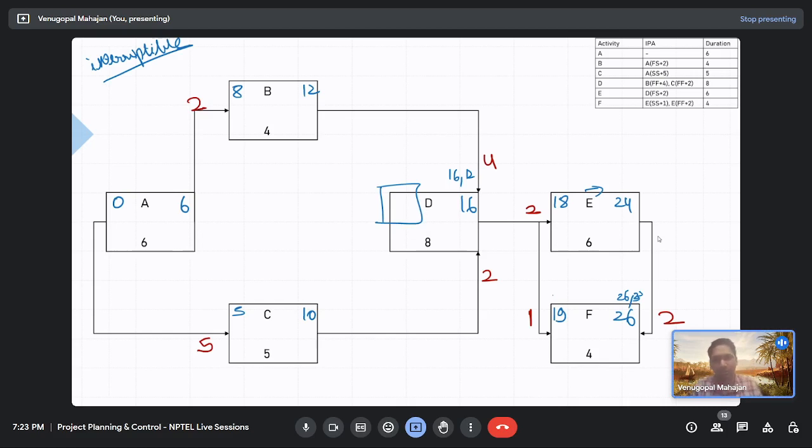Okay, so forward pass. In forward direction, no relationship has been given to you for this point, start of activity D, right? In forward direction, there is no relationship coming in. If there would have been some project start, you could have linked it directly to this activity as well, as to each activity.